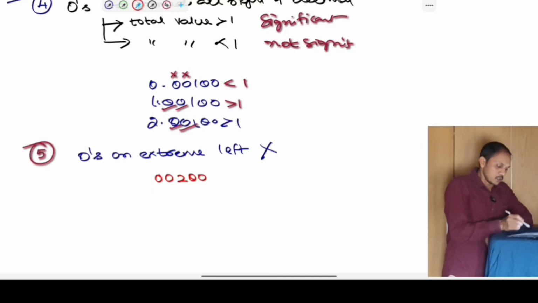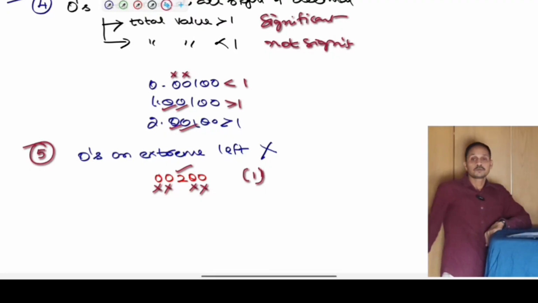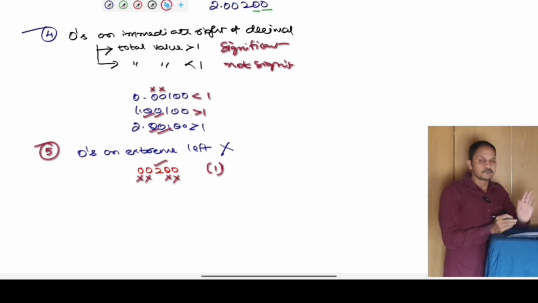In this, the left side zeros, these two are not significant at all. The 2 is a non-zero number, so it is significant. What about the right side zeros? They are trailing zeros. Second rule: trailing zeros, and there is no decimal point, so those two are not significant. So totally how many significant figures are there? Only 1, right? So these are the rules to identify the significant figures in a number.